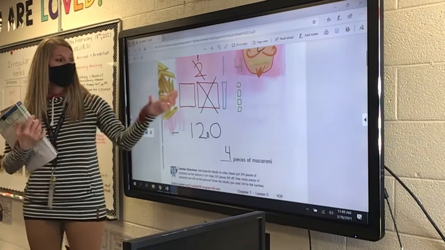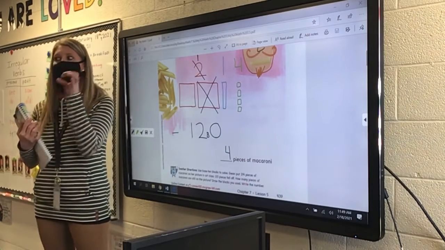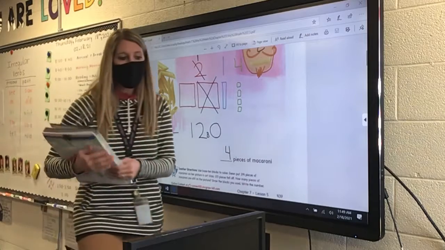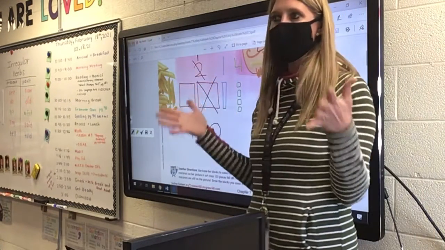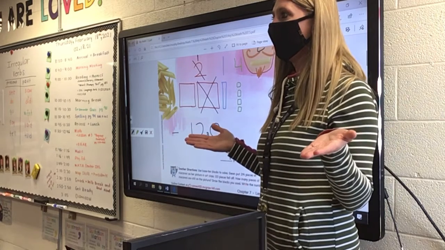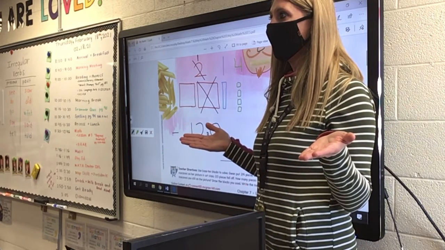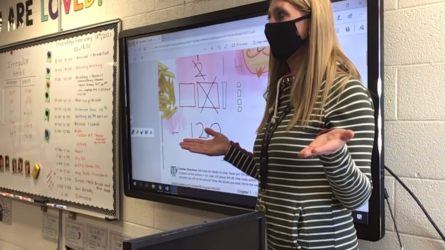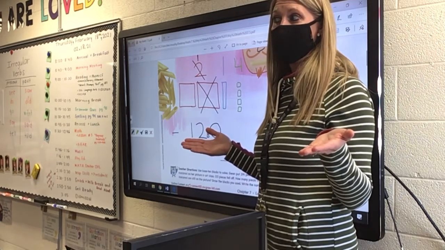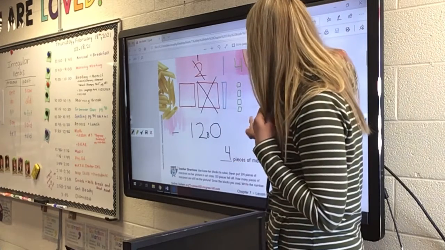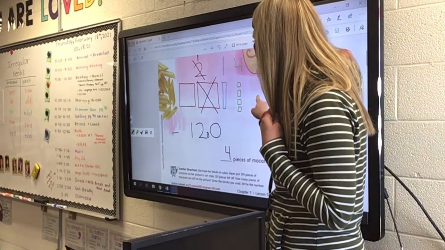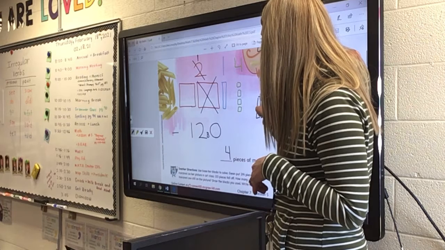Now I'm gonna take this 100 and I'm gonna break it apart. Not into 100 little cubes, but into sticks of 10. So how many sticks of 10 would that be, Addie? Yes, 10 sticks of 10. So over here, guys, we're gonna draw, I know it's gonna be hard, but we're gonna draw 10 sticks.